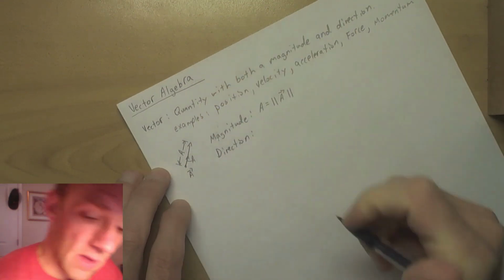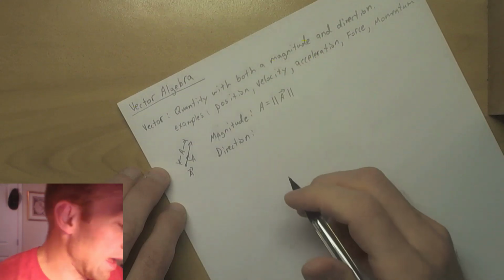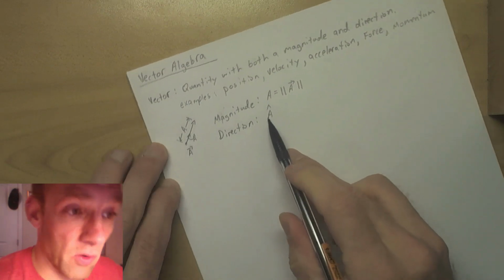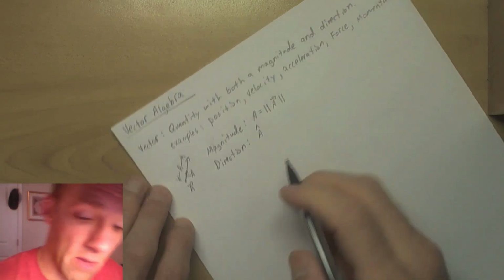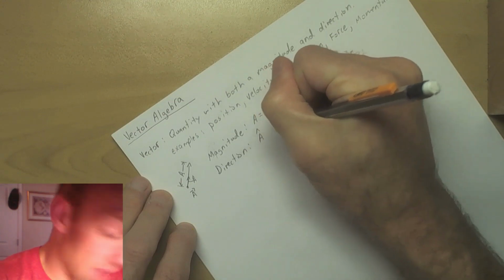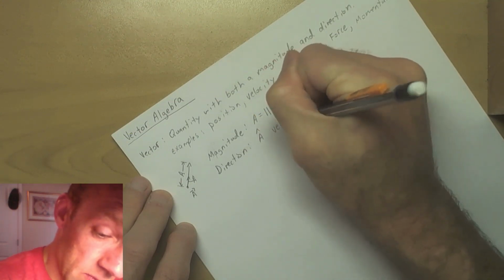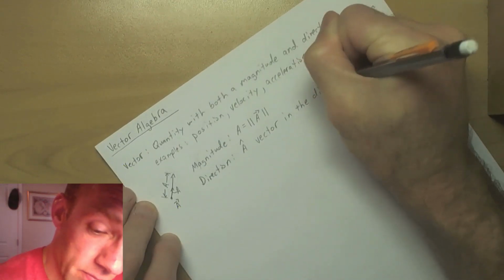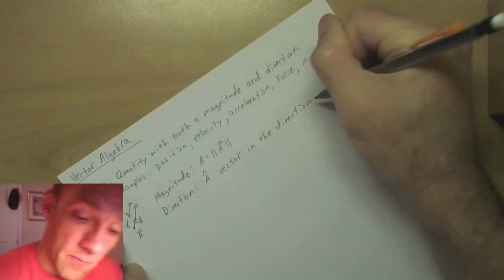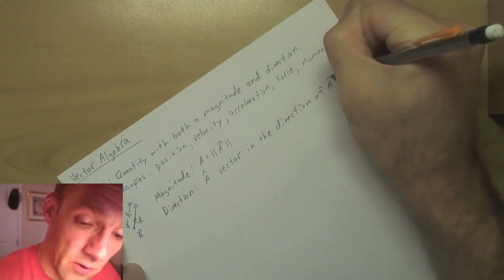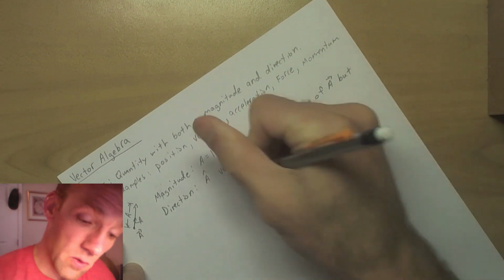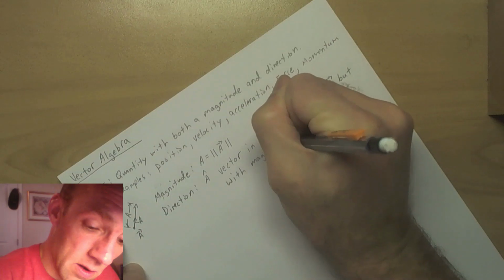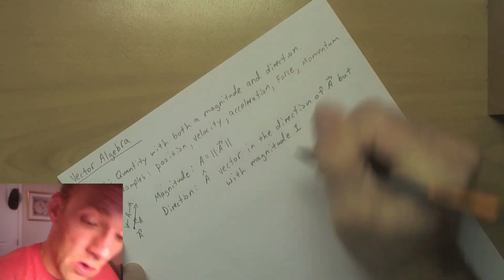So the direction is given by a unit vector. Unit vectors get this special notation with the little caret hat on top. And what that is, it's another vector in the direction of the original vector, but with a magnitude 1.